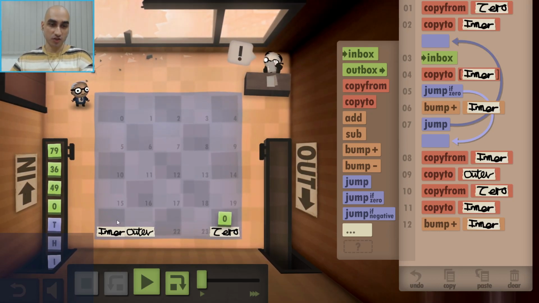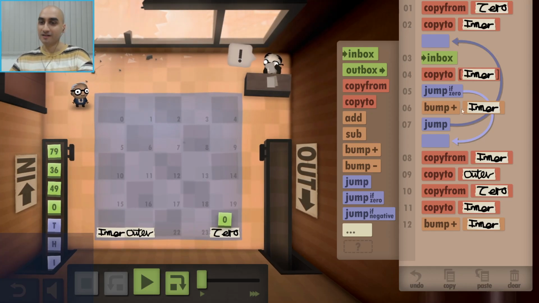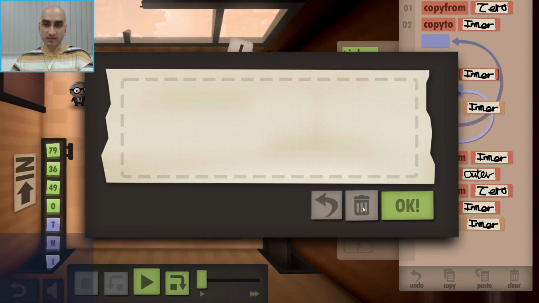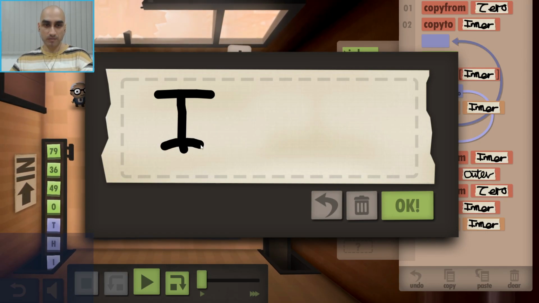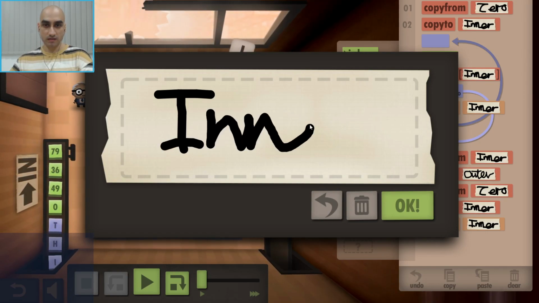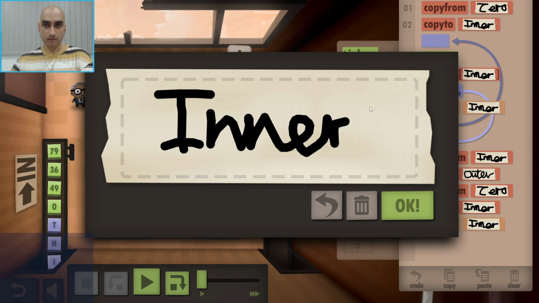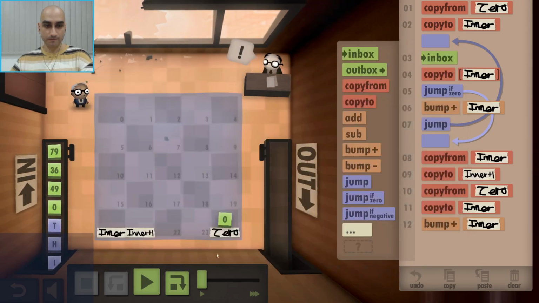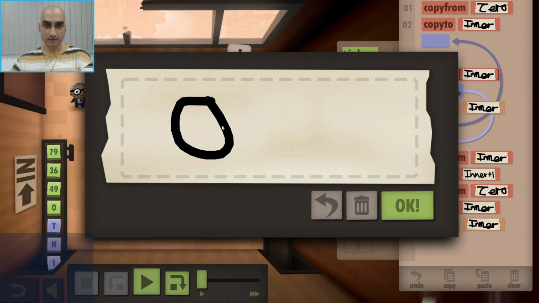We're going to need inner and we're going to need inner plus 1. So let's say this one is inner plus 1. And that one is outer.